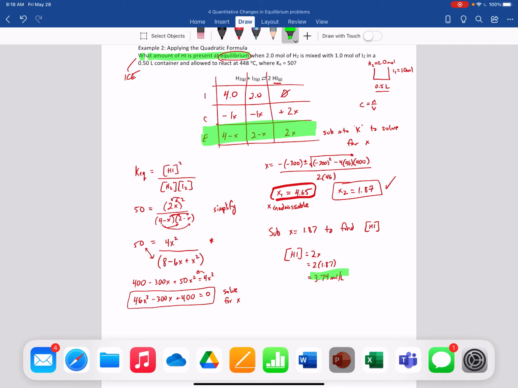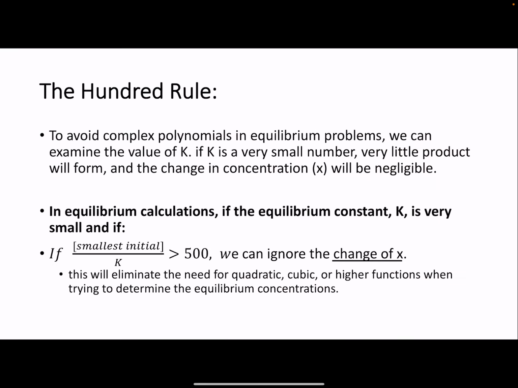So, moving forward here, there is a way to potentially avoid the quadratic equation. We'll do an example with that, and it's called the 500 rule. So very simply, if K is a very small number, that means very little product will form, and there's going to be small changes to the concentration of the reactants. So we can make the following assumption.